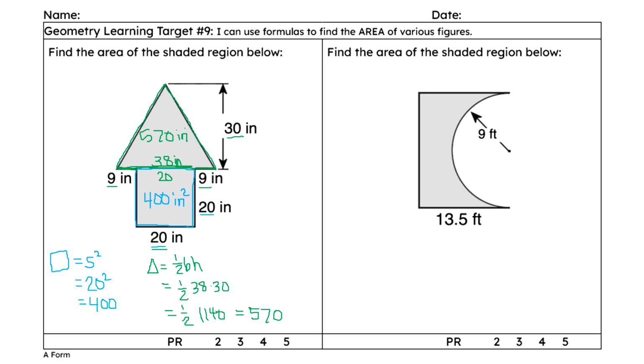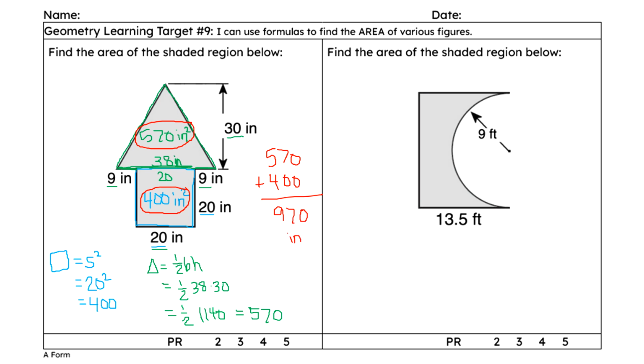Now, if we want the area of the arrow looking shape, then we need to find the sum of those two pieces together. So we're going to need the 400 square inches from the square and the 570 square inches from the triangle, and we're going to put those together. So 570 and 400, that is going to make a neat and tidy 970 all together, and that's in inches squared.